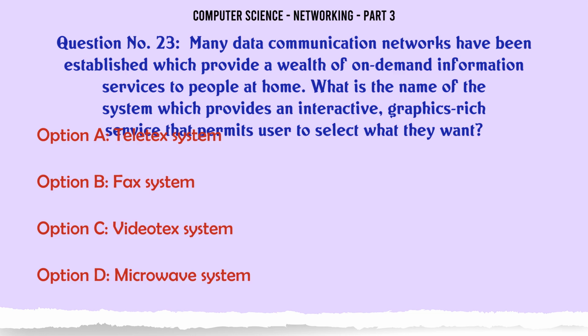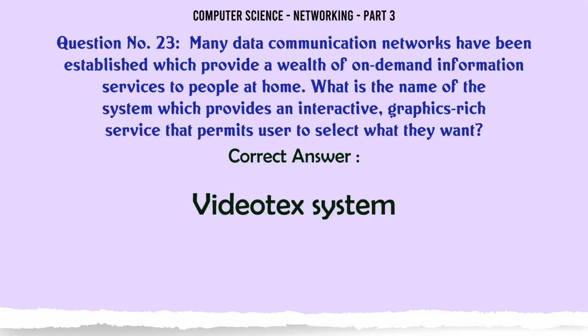What is the name of the system which provides an interactive graphics-rich service that permits users to select what they want? A, teletext system. B, fax system. C, videotext system. D, microwave system. The correct answer is videotext system.